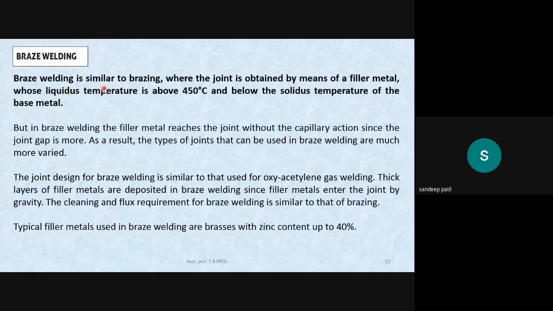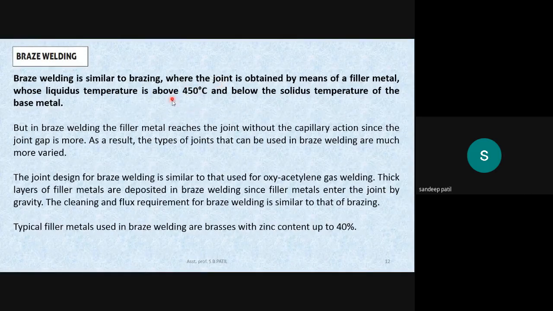Braze welding is similar to brazing, where the joint is obtained by means of a filler metal whose liquidus temperature is above 450 degrees Celsius and below the solidus temperature of the base metal. This is somewhat confusing, the liquidus temperature. So what is the liquidus temperature? That above which the metal will be in the liquid state. So that is 450 degrees Celsius.